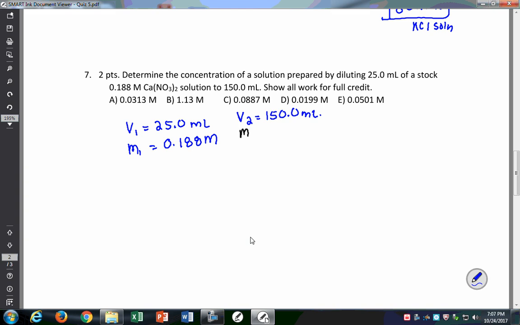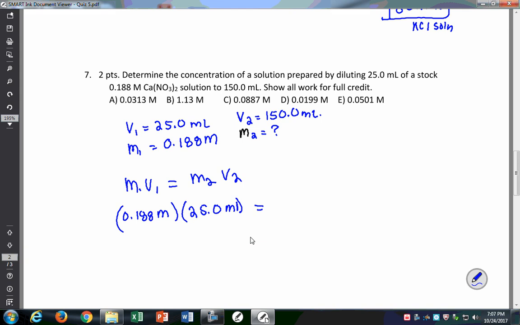So you can use some rationalization to do that. So M1V1 is equal to M2V2. It doesn't matter which measurement your volume is in, as long as V1 and V2 are in the same units, because it'll cancel out.